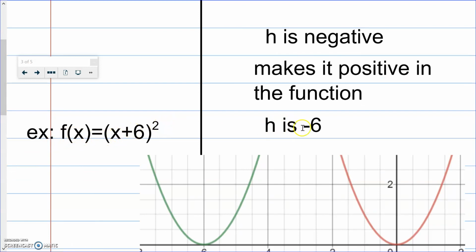In this case, h is negative 6, which is the opposite of what's going on here. Our parent graph is here in the red, starting at 0, 0, but we move 6 units to the left. You have to be careful. That's one thing you have to remember.